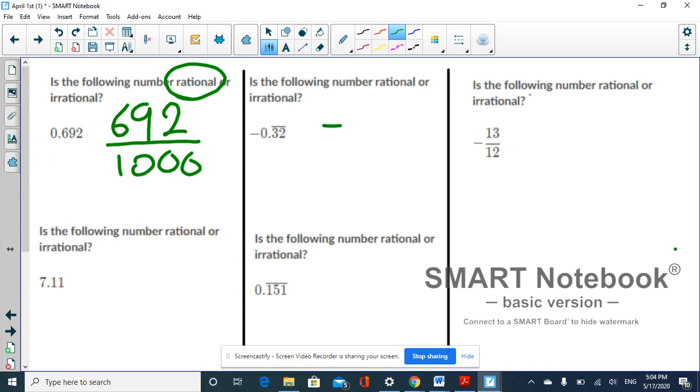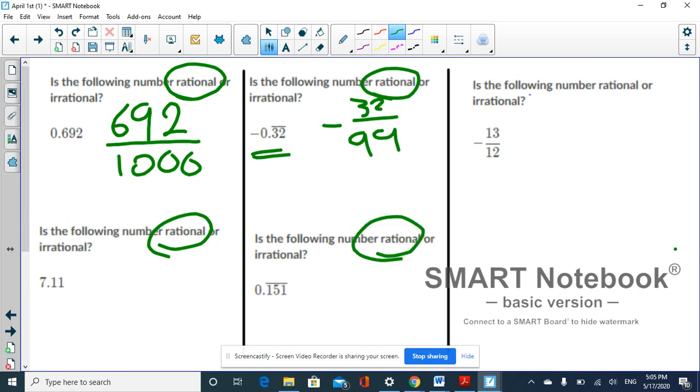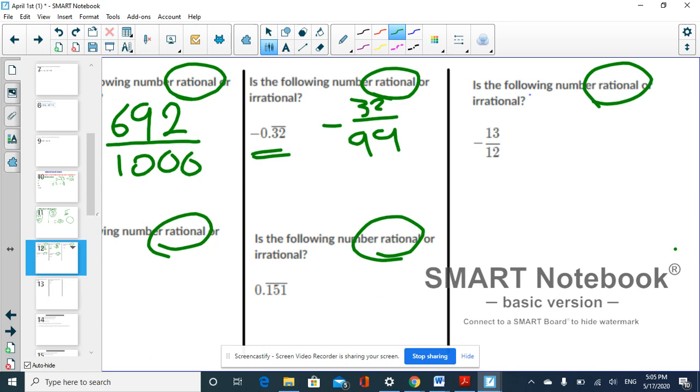This is negative 32 over 99. This is a repeating number. This is rational. 7.11 is rational. A repeating number, rational. A fraction, rational number. All these are examples of rational numbers.